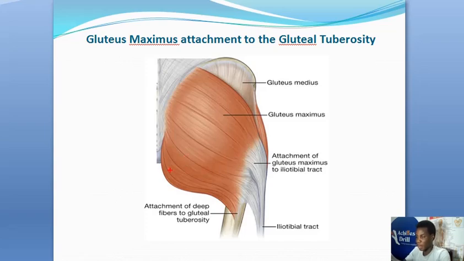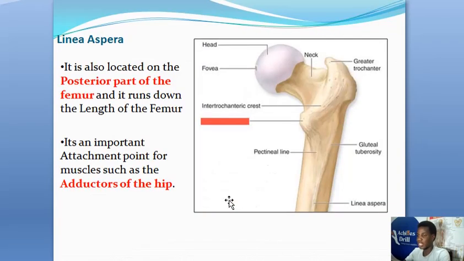The deep fibers, the deep third of the gluteus maximus, insert into the gluteal tuberosity, while the remaining fibers join with the iliotibial tract. We're not interested in that for now, but just understand that the gluteus maximus muscle attaches to the gluteal tuberosity. Okay, so that's that about that.